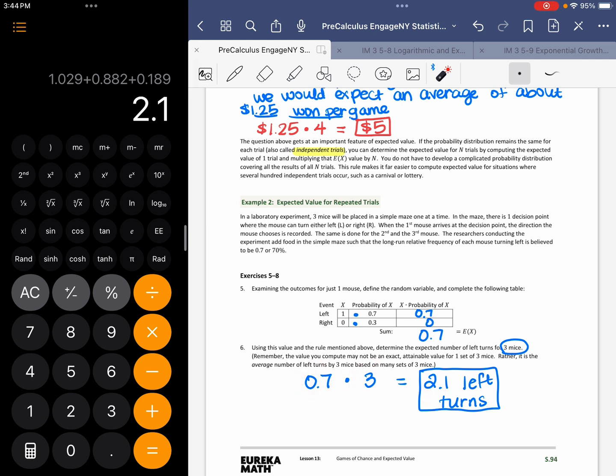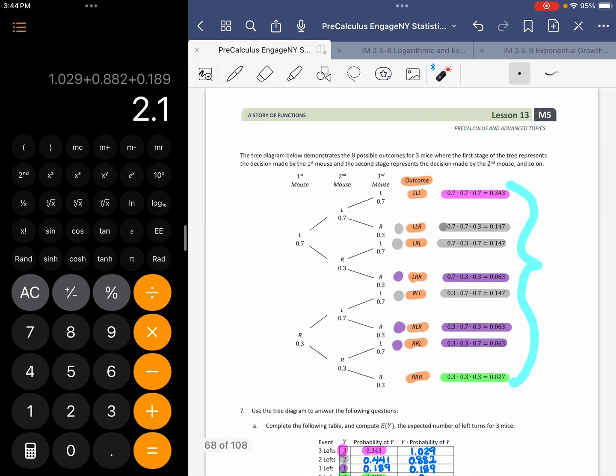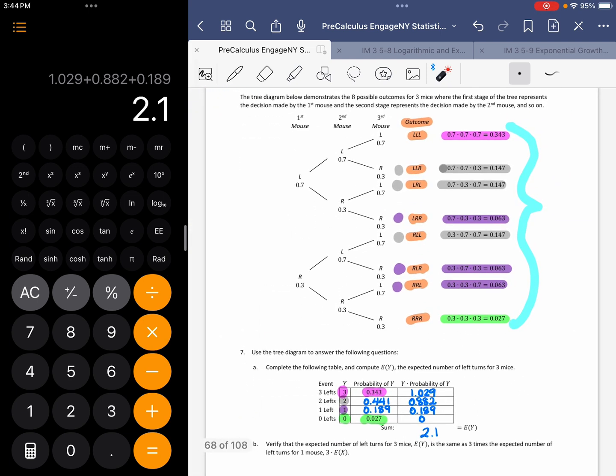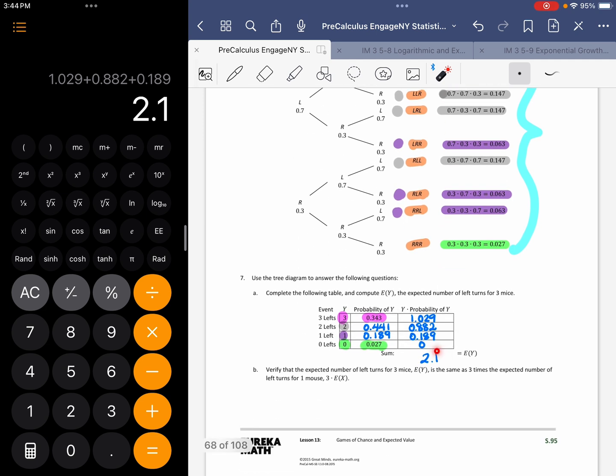That got us 2.1. On this page, we found all of the outcomes for 3 mice, and we found the expected value for 3 mice, which was 2.1. So we found the same number 2 different ways. But maybe you're noticing that one of those ways was significantly fewer steps than the other.